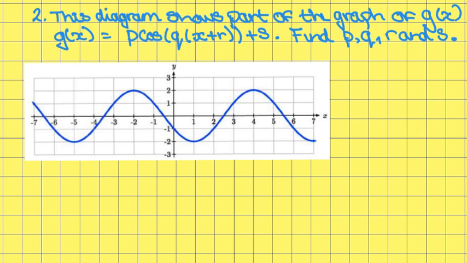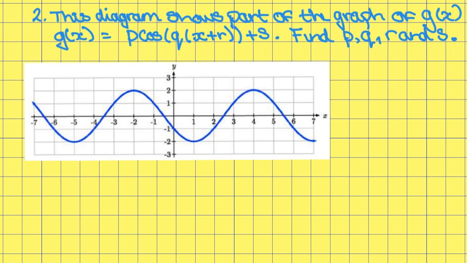Question 2. This diagram shows part of the graph of g of x. g of x is given by the equation p cos brackets q brackets x plus r plus s. Find p, q, r, and s. p, q, r, and s are just a, b, c, and d.